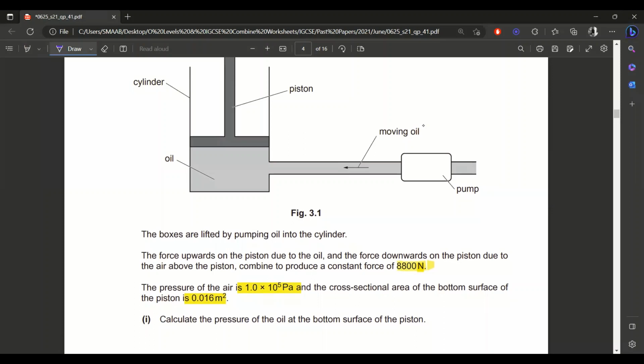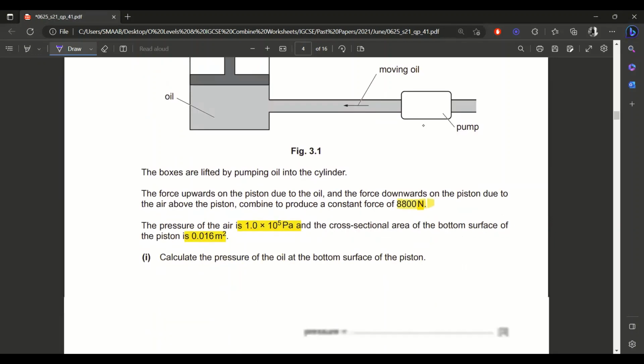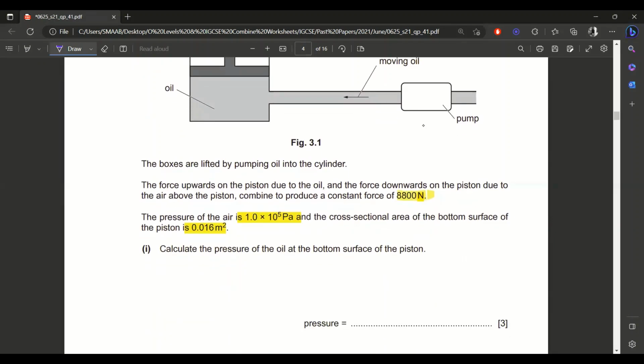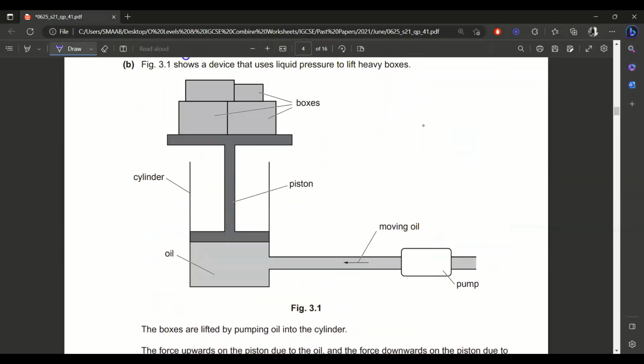So you have all the values, that is the force which we are applying on the piston, the pressure of the air, and the cross-sectional area of the piston. You just need to find the pressure of the oil at the bottom surface of the piston. And this is the whole diagram which they are talking about. So, sir, just force divided by area? Okay.